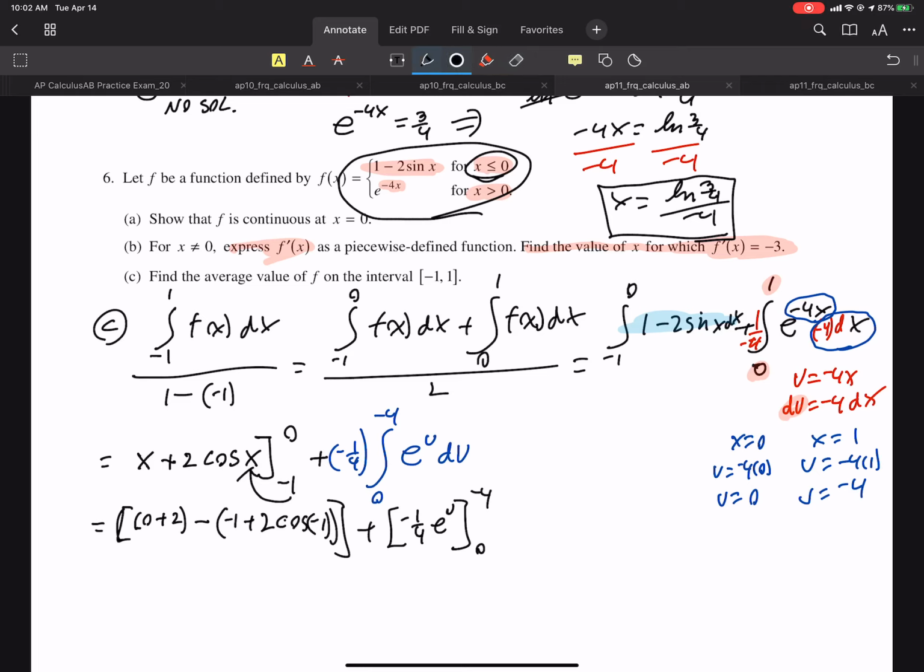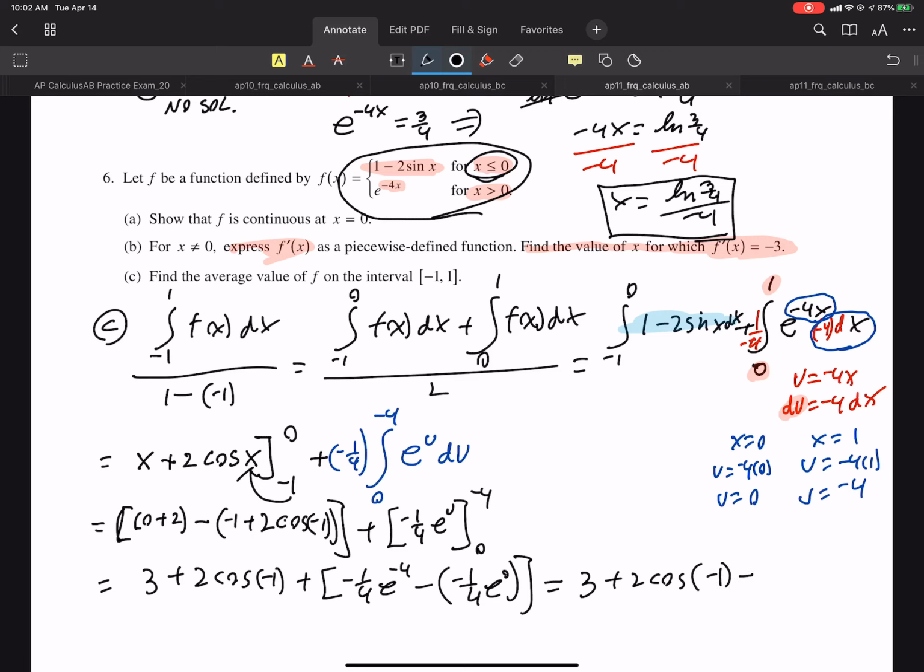So let me simplify this first one. 2 plus 1, I'm going to get 3 plus 2 cosine of negative 1 plus, now I'm going to plug in the negative 4 and then plug in the 0. Which is going to get us all of this. Actually, minus. No, yeah, minus. And that's going to be plus on this one.